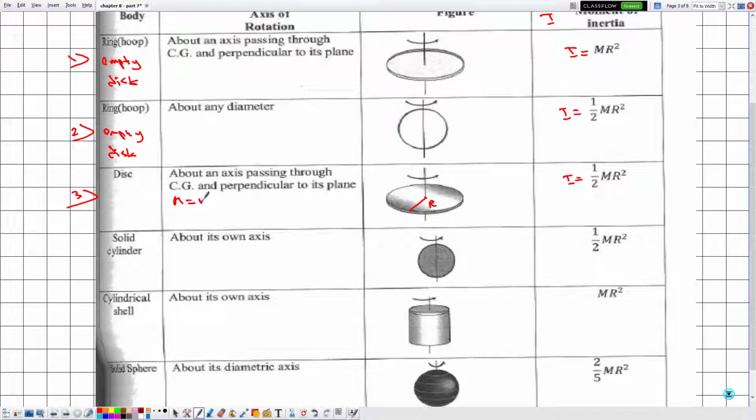M is the mass of the disk, r is the radius of the disk, and m is the mass of the hoop, and r is the radius of the hoop.